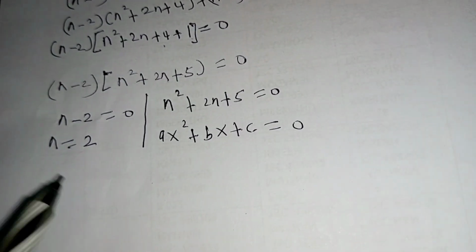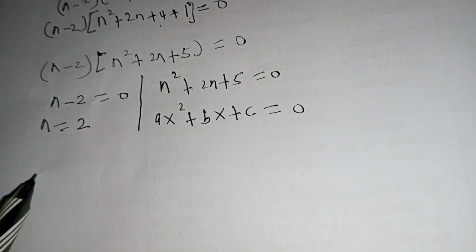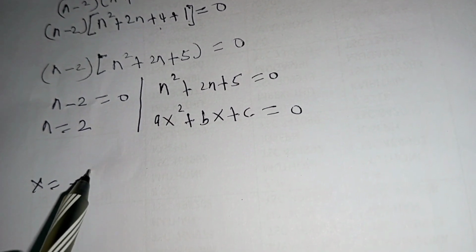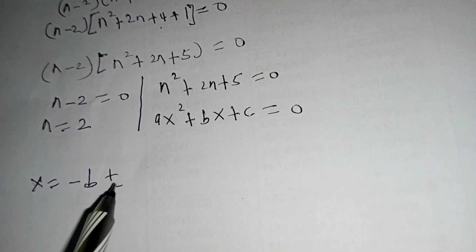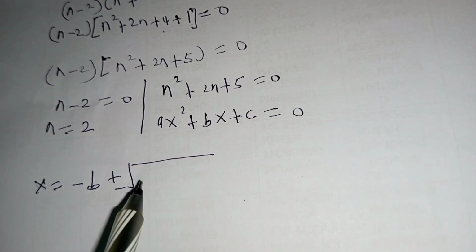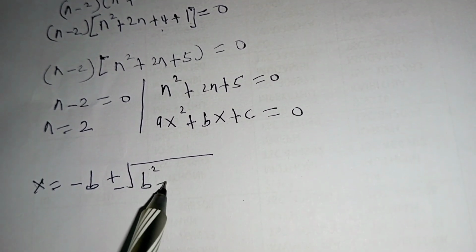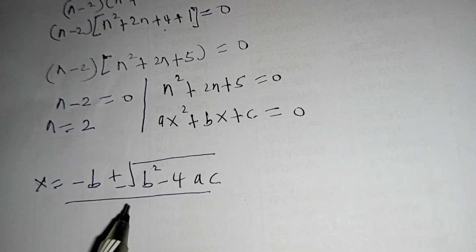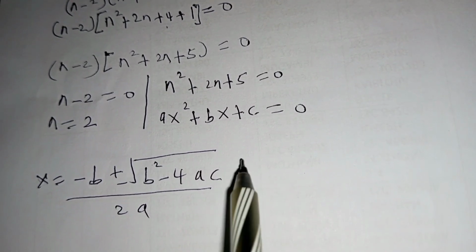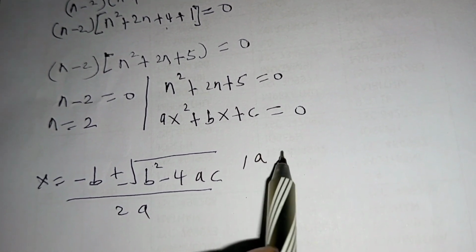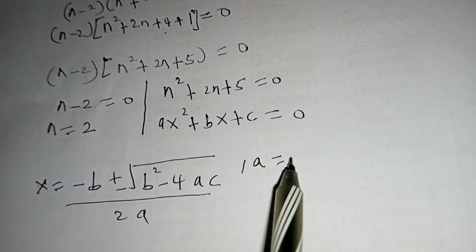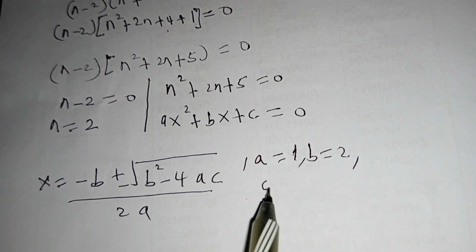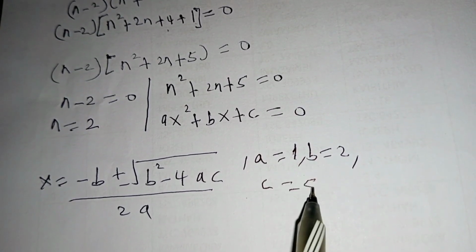Whenever you have such a quadratic expression, the solution of x will be equal to minus b plus or minus the square root of b squared minus 4ac, and you divide the result by 2a. In our case here, a is 1, b is 2, and c is 5.